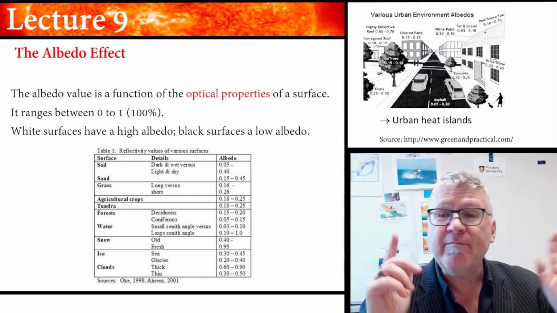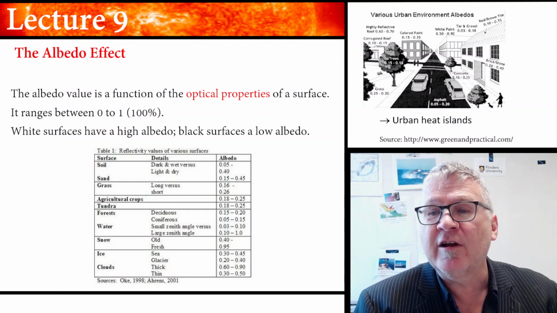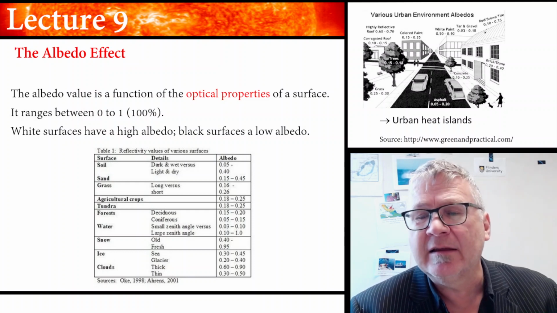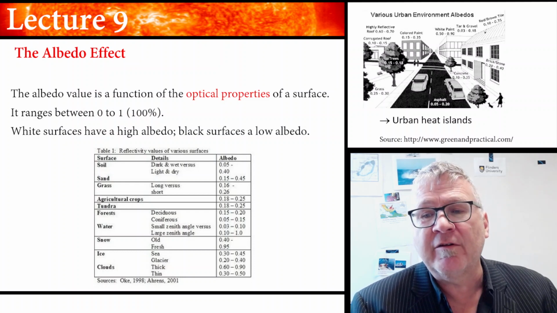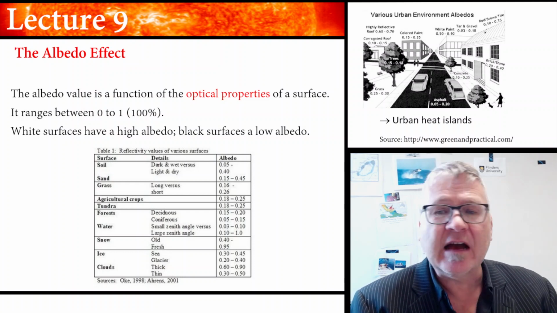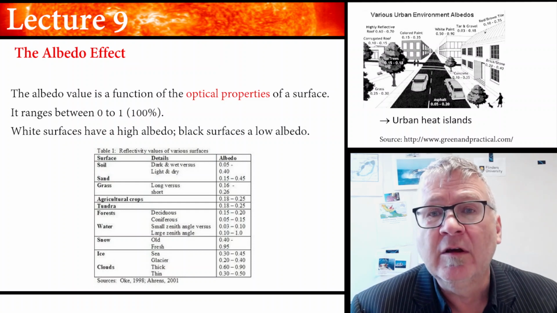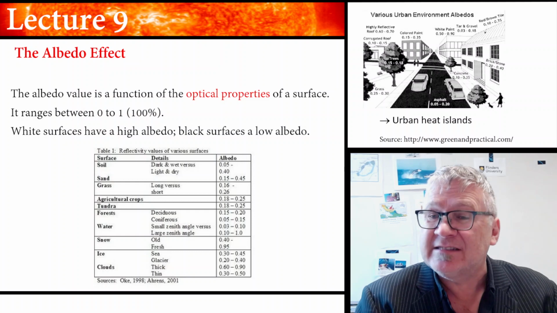Above my head is a little sketch for urban environmental albedos, linked to the urban heat island. You can see that asphalt has very, very low values. It's a dark surface, and it means that it also stores lots of thermal energy and actually radiates itself.